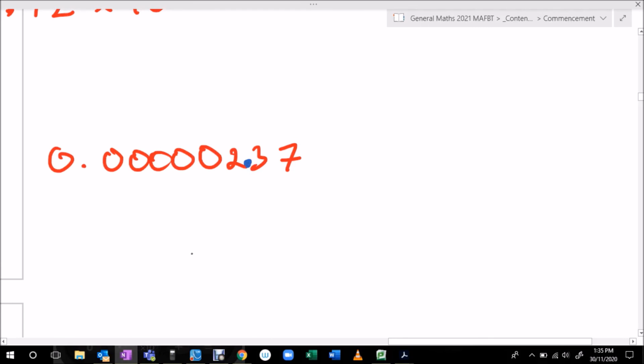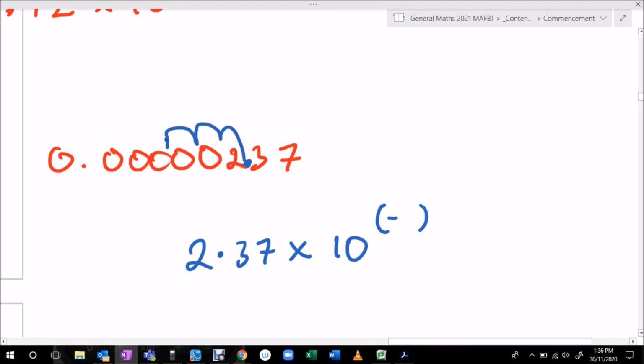So your first number is going to be 2.37 times 10 to the power of, now because we're going back the other way, it's going to be a negative power, because we're going the other way instead of this way. So you just count the number of times you go back to the original spot. 1, 2, 3, 4, 5, 6. Oops, sorry, let's fix that up. 1, 2, 3, 4, 5, 6, and back to this point. So it's going to be to the power of negative 6.